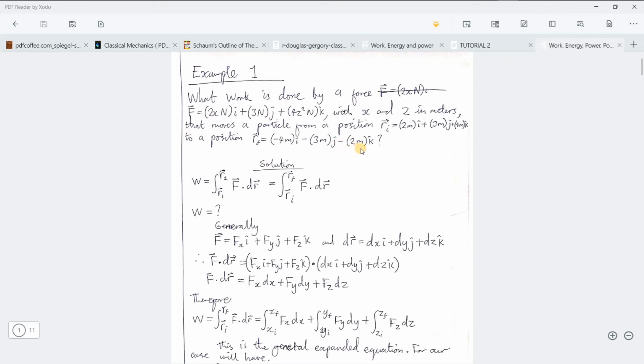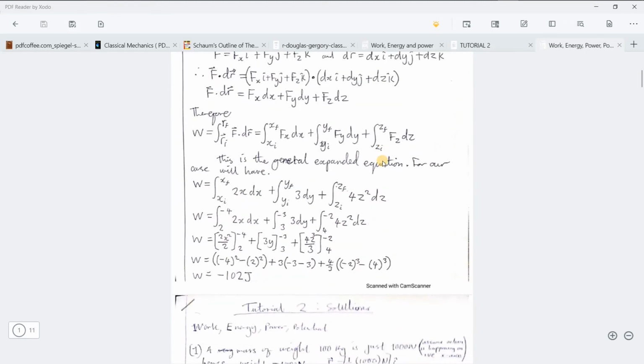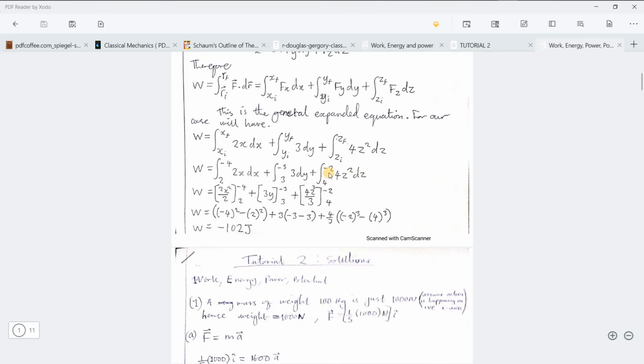So we'll say our zi is 4 and our zf is -2. Hence we get 4 and -2, and this is the equation we get. This is what we're going to work with.